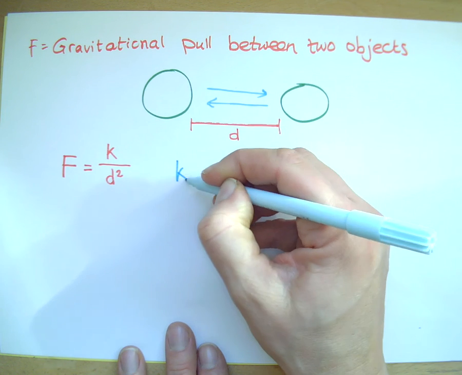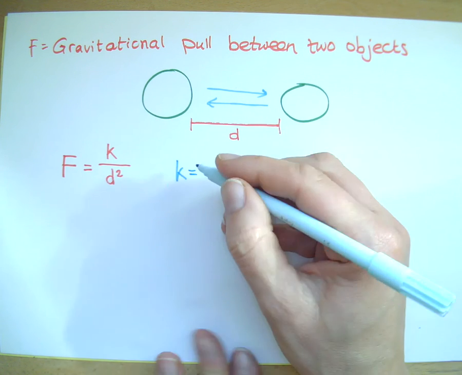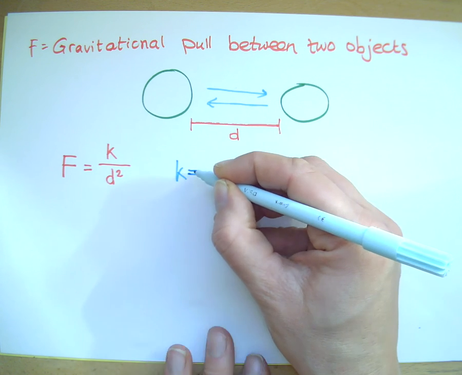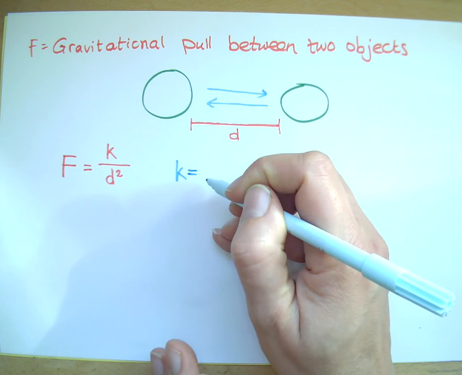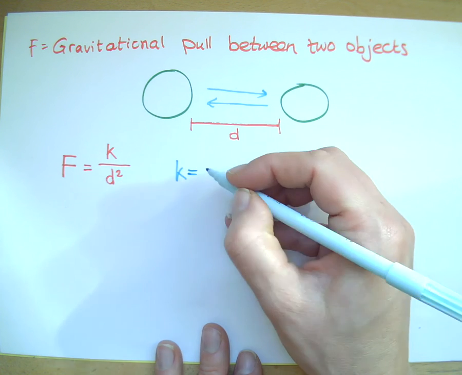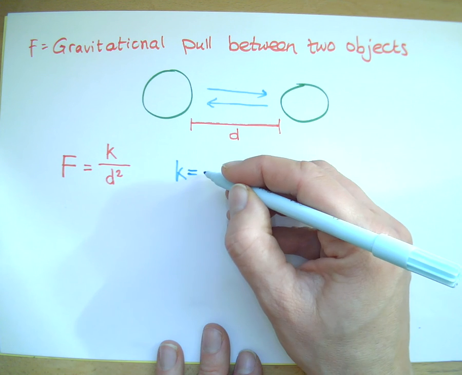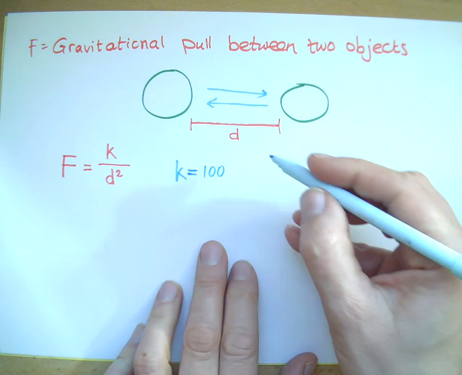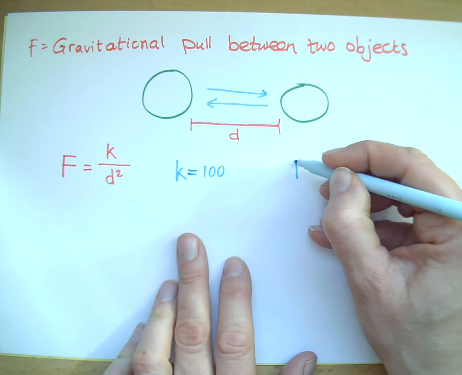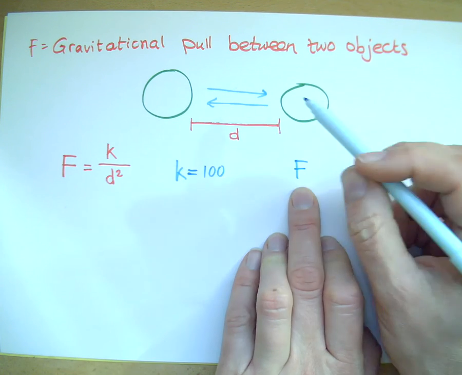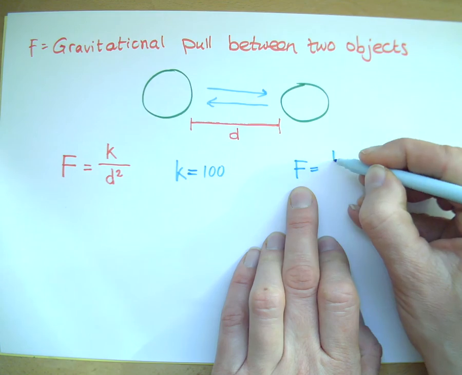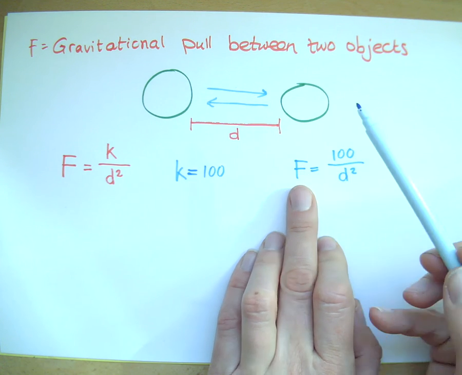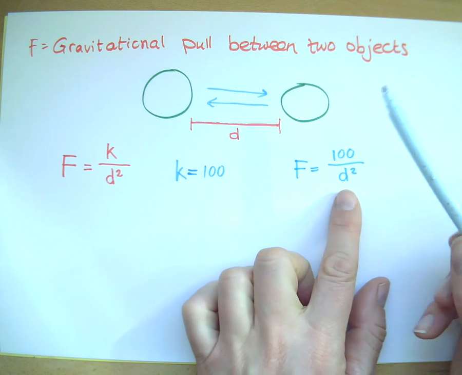So let's say we have masses that give us a constant. The constant is dependent on the masses of the objects. So say we have a constant of 100. I have no idea. The gravitational pull between the two objects, this would be the formula for these two objects.